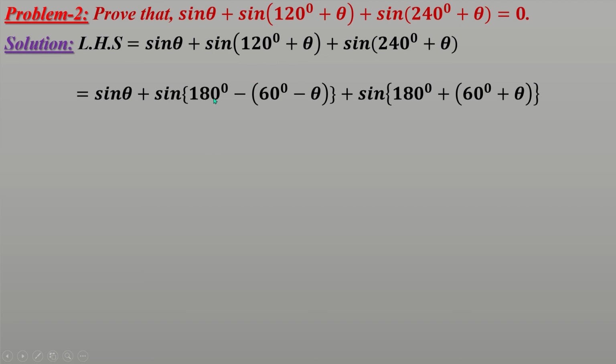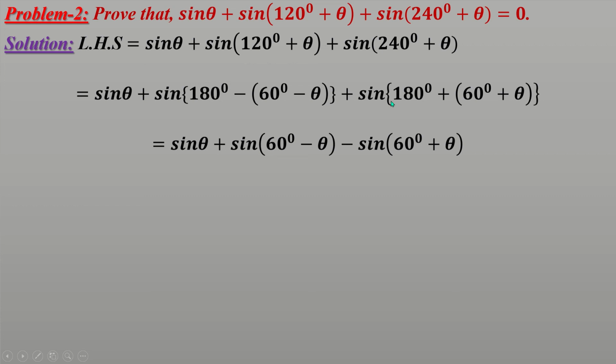Now sin 180 degree minus something means which quadrant? Second quadrant. In the second quadrant sine is positive, and as the number of right angles is even, sine will remain sine. That means the first part is fixed, sin theta, and here will be sin(60 degree minus theta). But here 180 degree plus something means third quadrant.